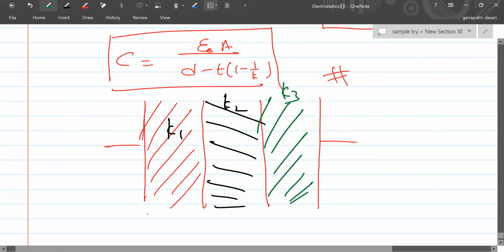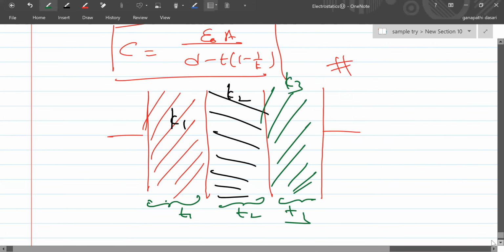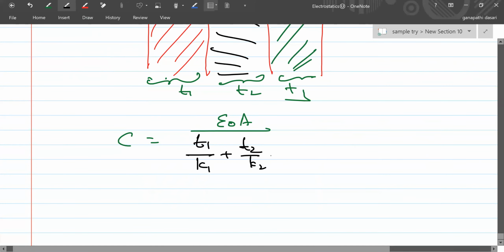Now here the dielectric materials are placed like this, of thickness T1, T2, T3. In series they are connected between these two parallel plates. At that time the capacitance will be epsilon naught A divided by T1 by K1 plus T2 by K2 plus T3 by K3.